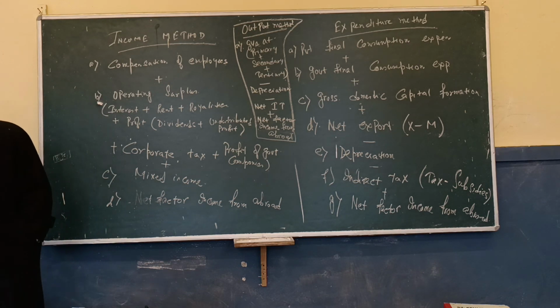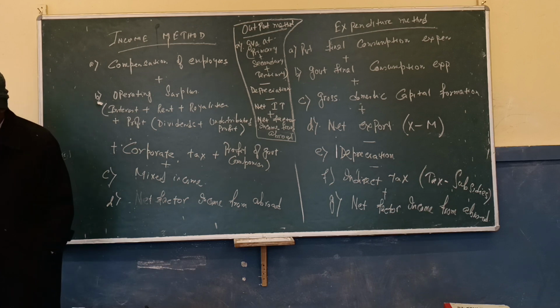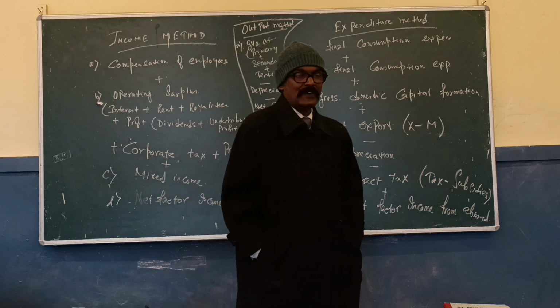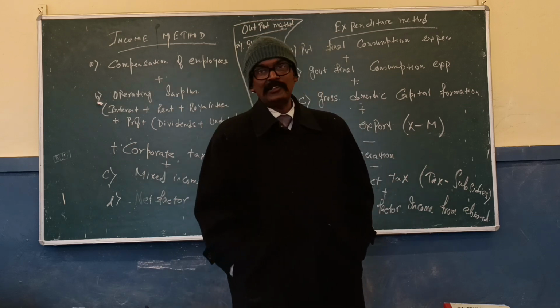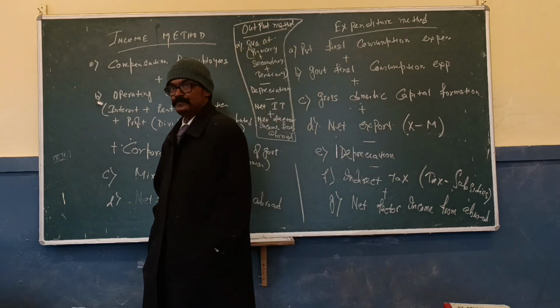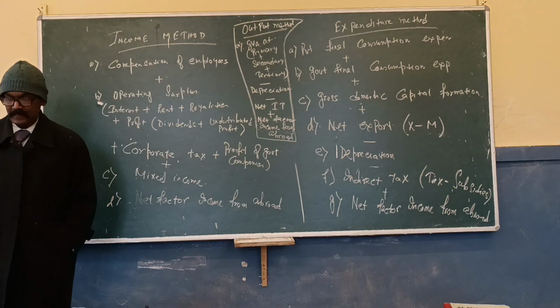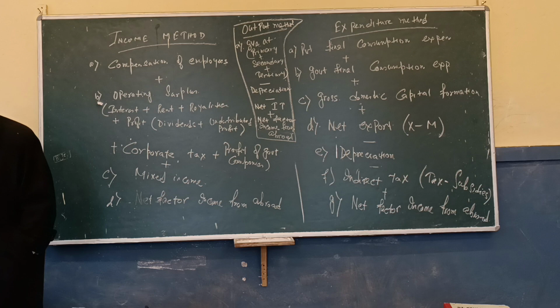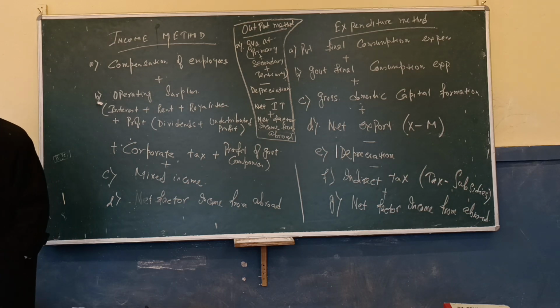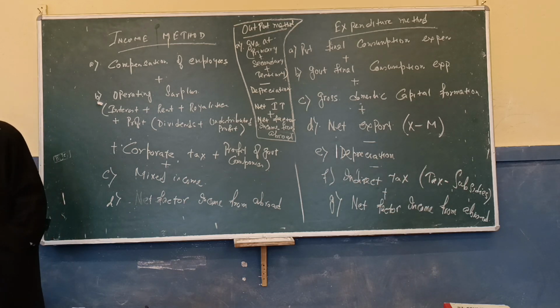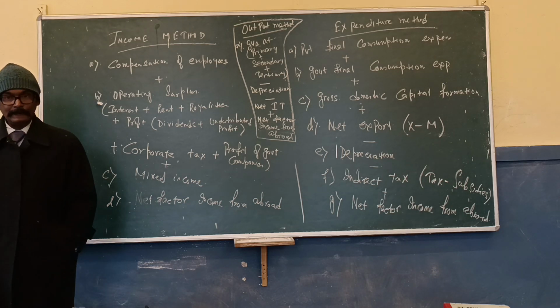Next one, consumption of fixed capital, 80. Next one, factor income received from abroad, 10.